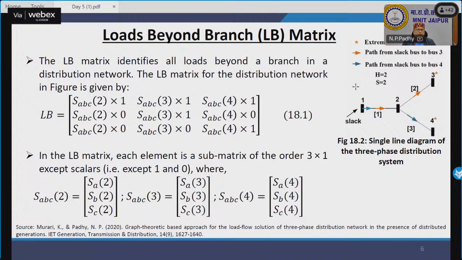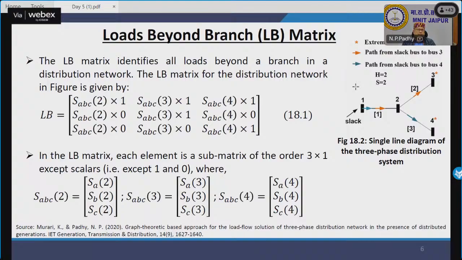And when you say multiplied by 1 or 0, it decides the connectivity of those buses to other buses. Now in the LB matrix, each element is a submatrix of order 3 cross 1, except the scalars, that is, except the ones and zeros.